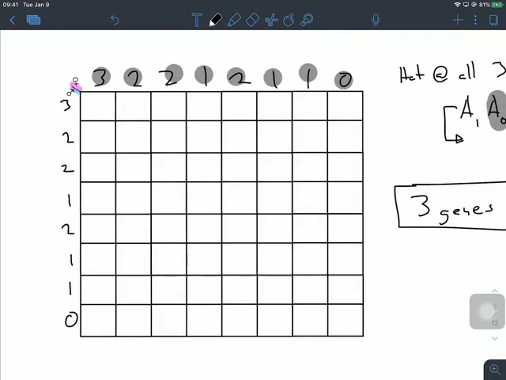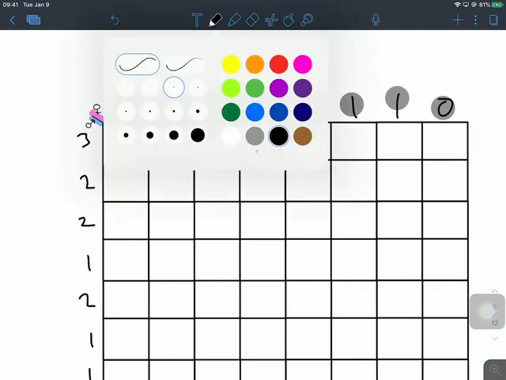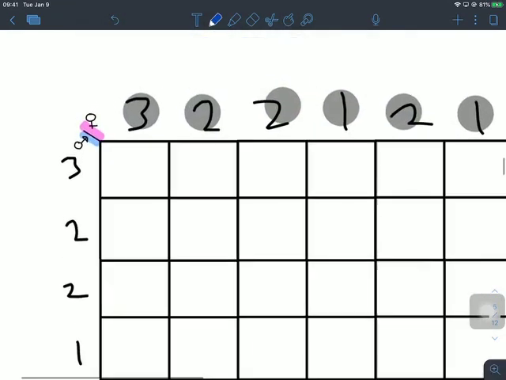And now for some math. We have a 6 here. 3 plus 3 is 6.